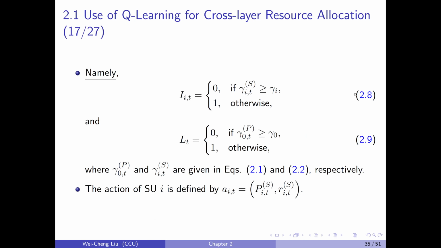In equation 2.8, I_t is equal to 0 if gamma_i^t,s is greater than or equal to gamma_i. Then what is gamma_i^t,s? Gamma_i^t,s is given in equation 2.2. Let us go to equation 2.2.